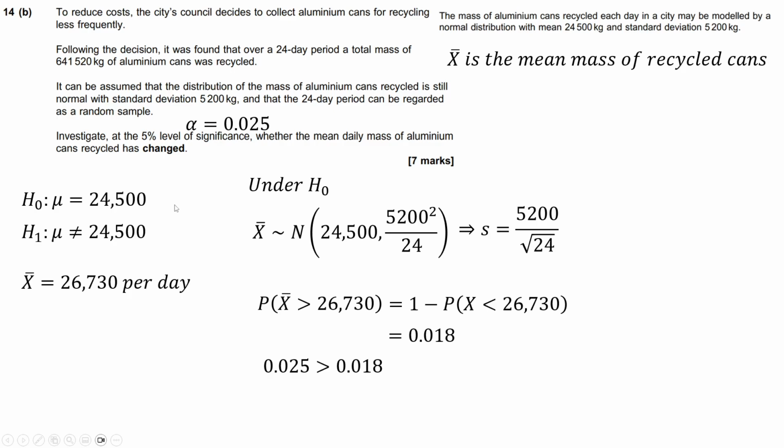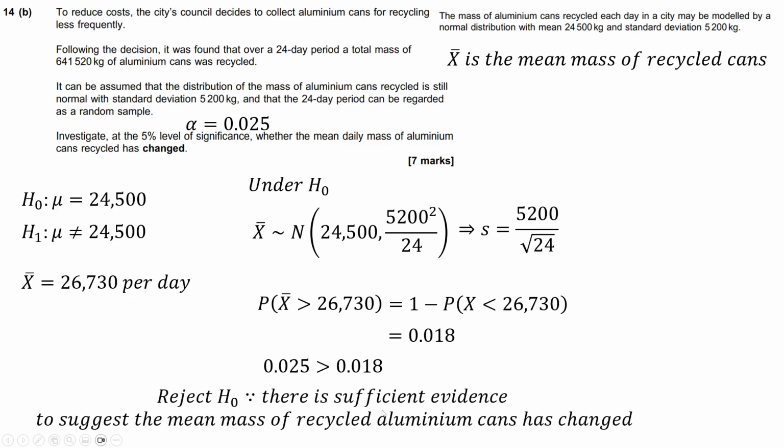If under H0 we're seeing a result that extreme, even less than the level of significance, then we can assume it's not true. So therefore we reject H0. There is sufficient evidence to suggest the mean mass of recycled aluminium cans has changed.